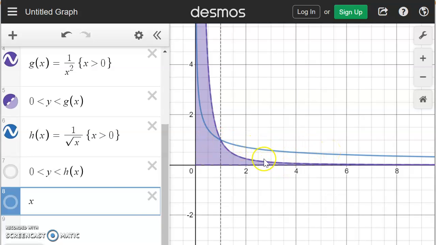These guys are inverses of each other, and if we look at the line y equals x, we can see that the two graphs are reflections of each other over that line. So that must mean that if the purple region converges to the right of x equals 1, then the blue region must converge over here, to the left of x equals 1. Let's see if the analytics bear that out.